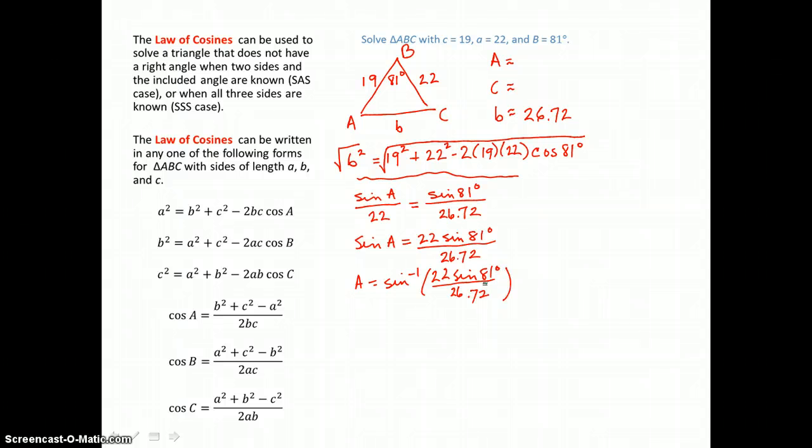So I'll put that in our calculator: inverse sine of 22 times the sine of 81 degrees divided by 26.72. So I'm getting a 54.4 degree angle for angle A.